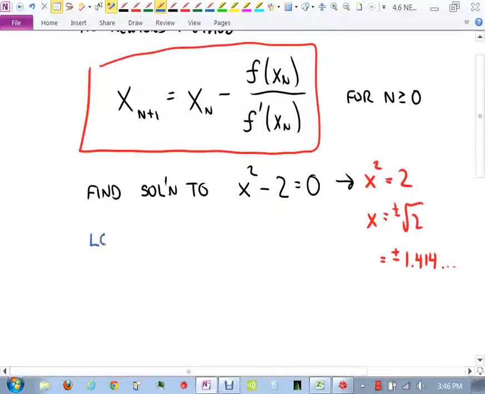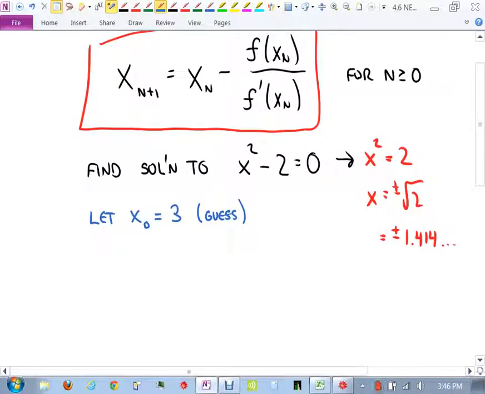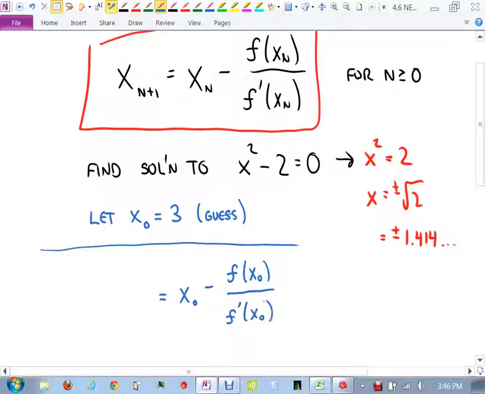So I'm going to let x0, that's going to be my first point. I'm going to let x0 be equal to 3, and that's my guess. Now, according to the formula up here, if I replace the right side of the equation here with x0 minus f of x0 over f prime x0, that should be equal to x sub what? 1.